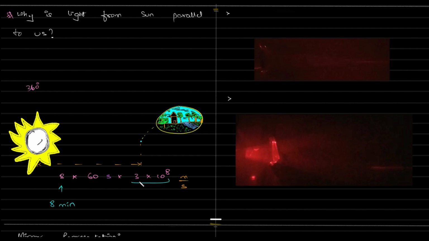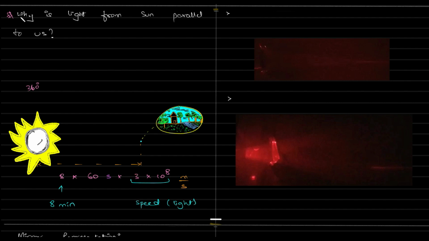And the speed of light in vacuum is that much. And this is the distance from the sun to the earth. And we know that earth is pretty much a tiny part of the entire system. So it's very small and the distance is huge.